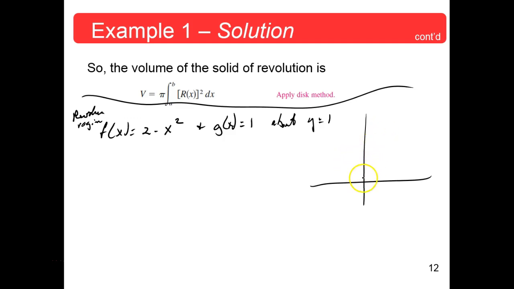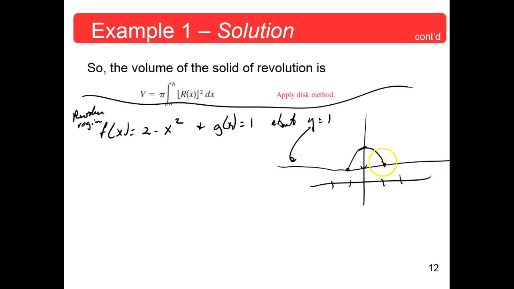Let's just do a few points there. F of x equals 2 minus x squared. When x equals 0, your function is 2, right? When x is equal to 1, your function is 1. When x is equal to minus 1, the function is 1. So it's this parabola here, and you're revolving this around the line y is equal to 1.